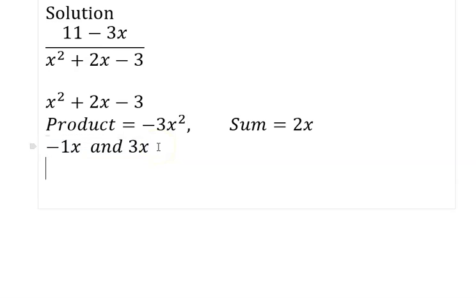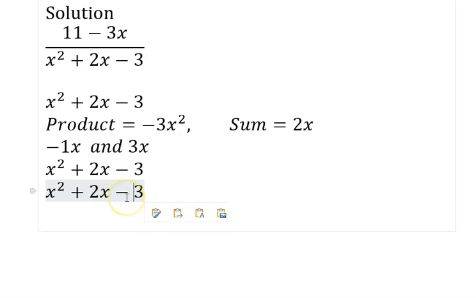Since we have gotten our numbers, let's quickly factorize. By implication, instead of putting what we have at the middle, we'll put this minus 1x and this plus 3x. That's the factorization we actually want to do. So let's quickly do that. Beautiful.